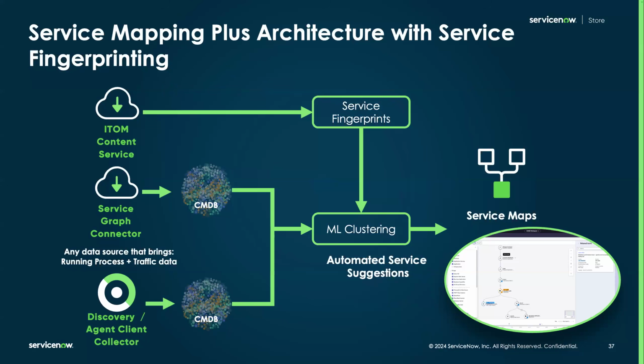We will ship service fingerprints that you can leverage to have automated service suggestions, and that's done via ML clustering. So whenever you have at least opted in on ITOM content service, this will basically allow you to get to service maps easier and faster. So a lot of innovation is happening around service mapping.